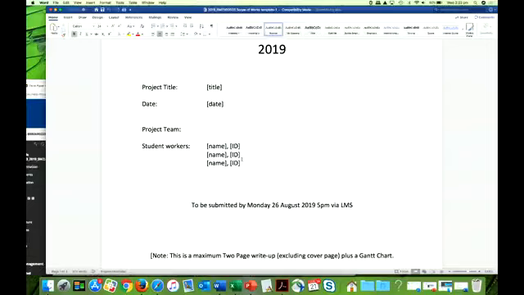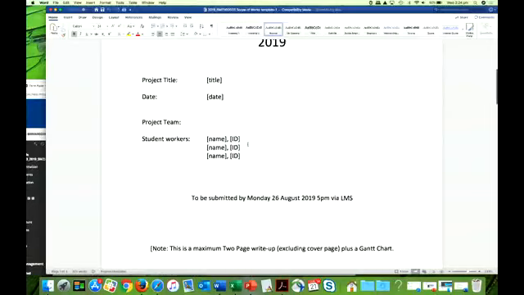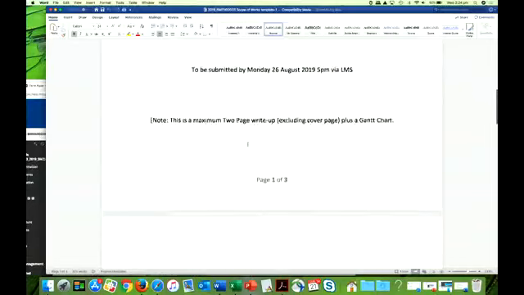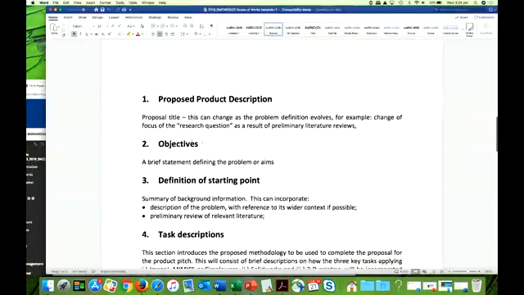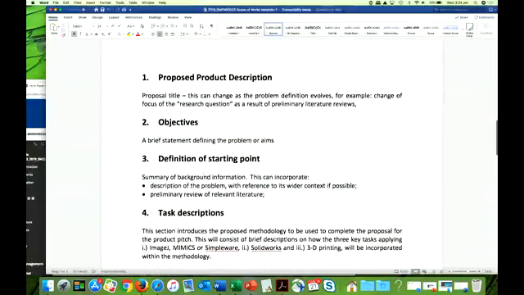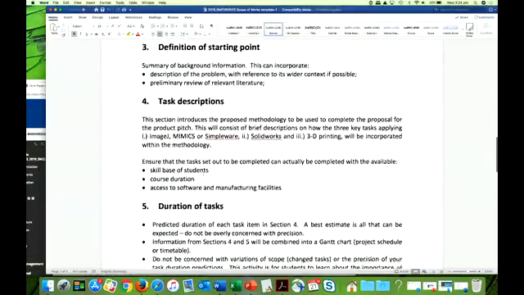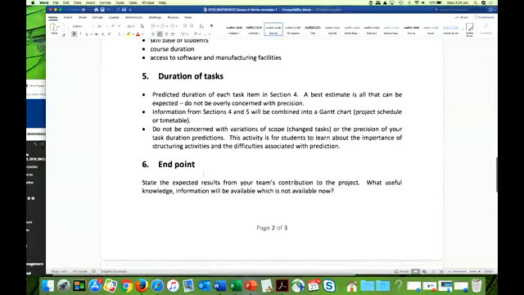Your name should be on one of the ones that get submitted. I know there are 3 names here, but some teams may have 2. Then please include a proposed product description, your objectives, a defined starting point, task description, duration of tasks, and an end point.